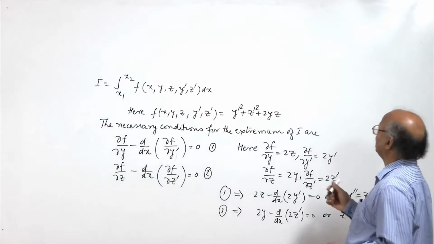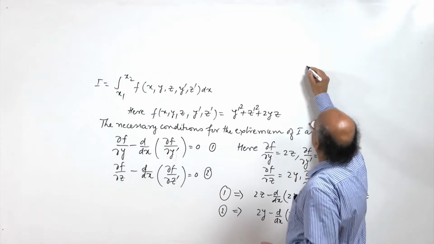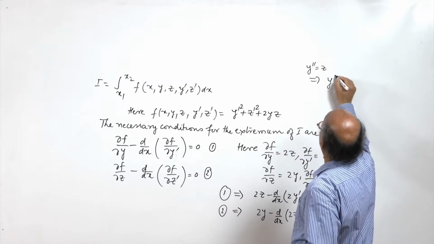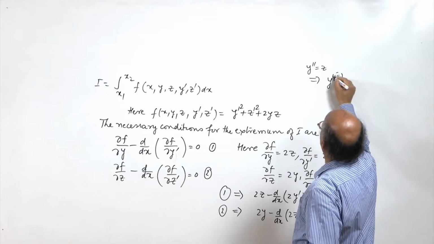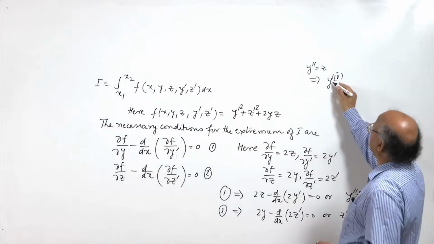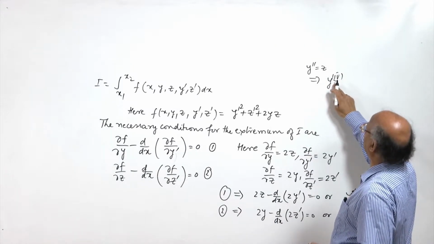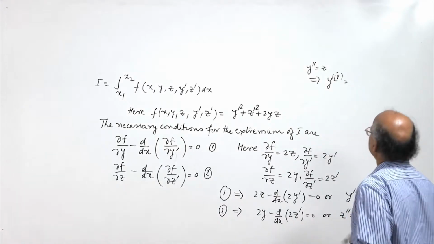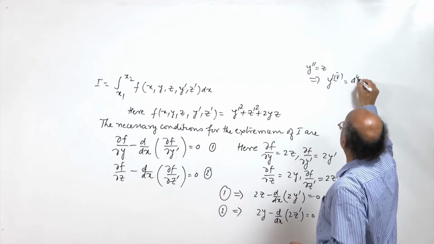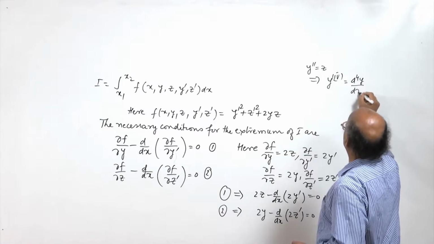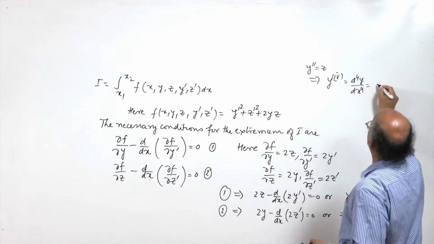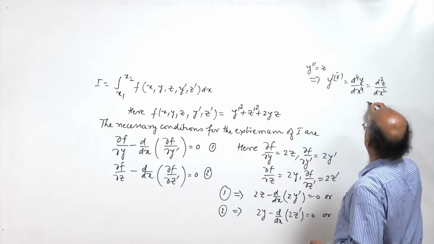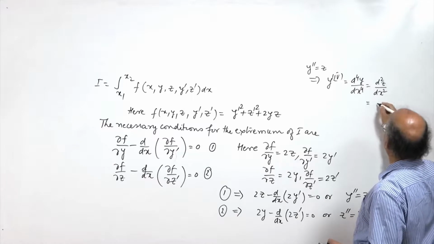Now let us differentiate this equation. y double dash is equal to z, twice, gives you d4y over dx4, the fourth derivative of y. This is equal to d square z by dx square, and d square z by dx square is equal to y.